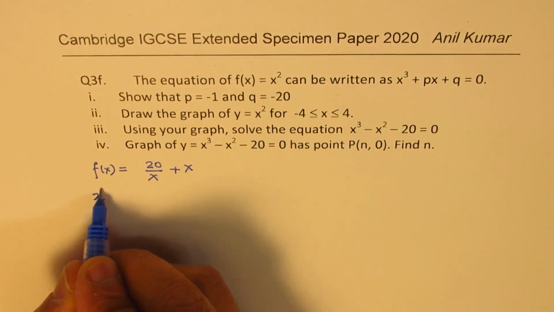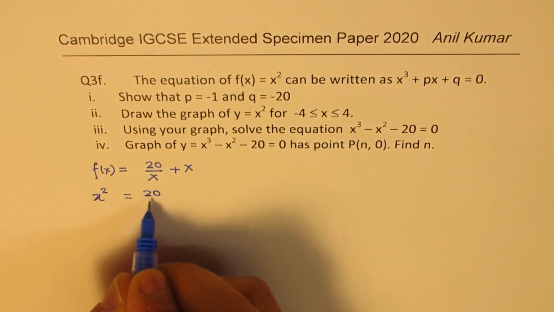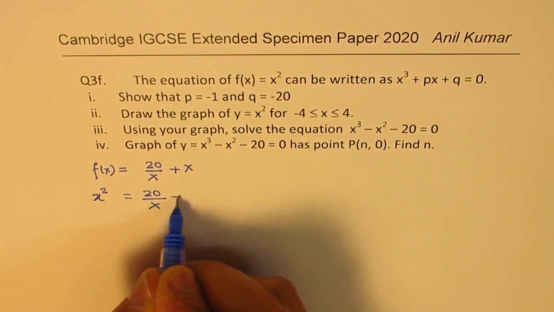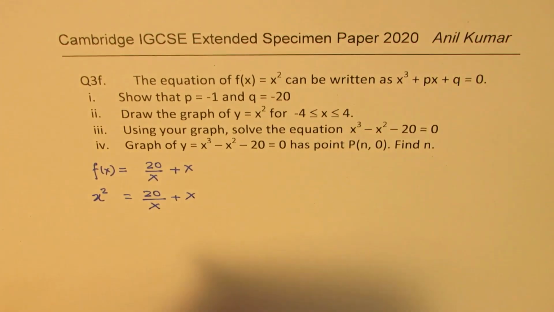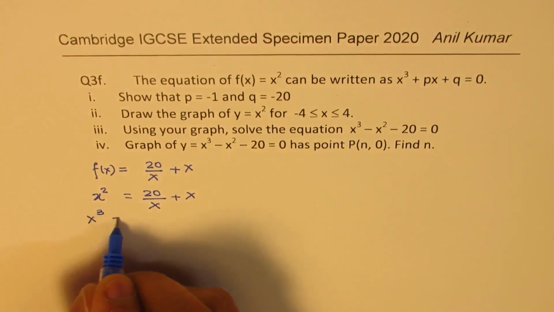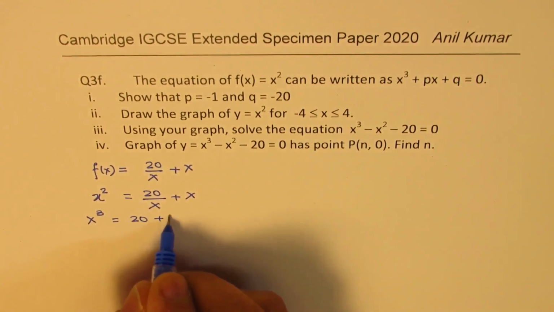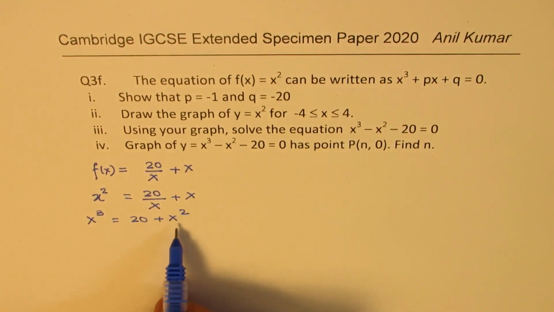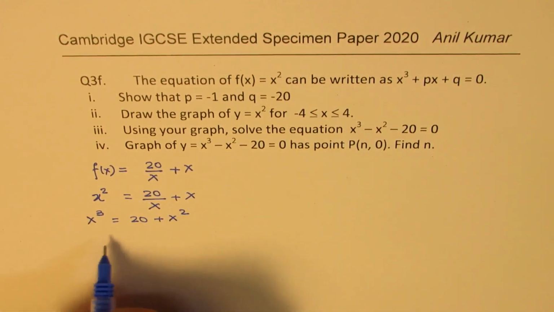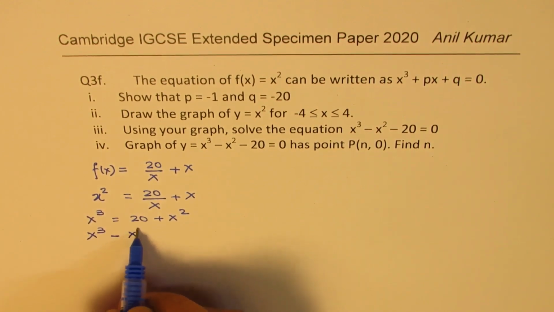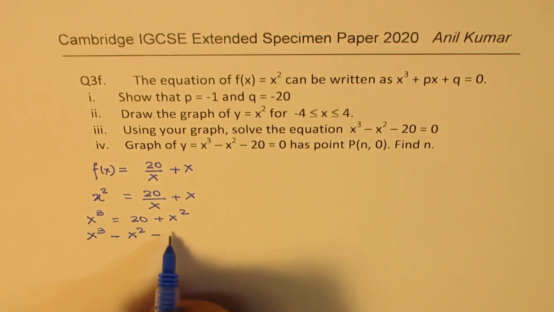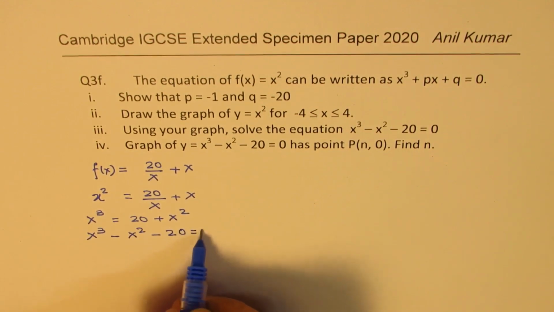So we have x squared equals 20 over x plus x. If you multiply by x, you get x cubed equals 20 plus x squared, which you can rearrange to x cubed minus x squared, and then 20 comes to this side, so minus 20 equals 0.